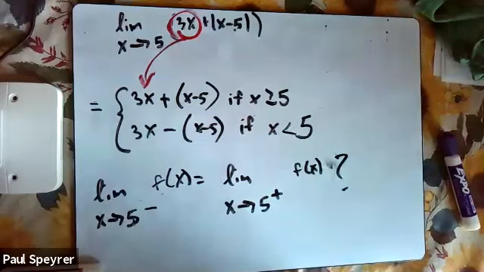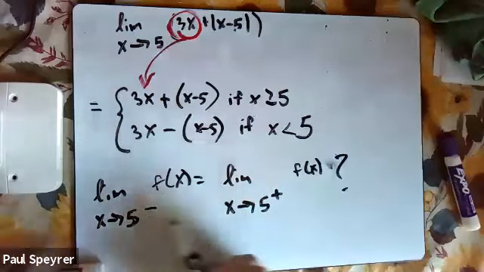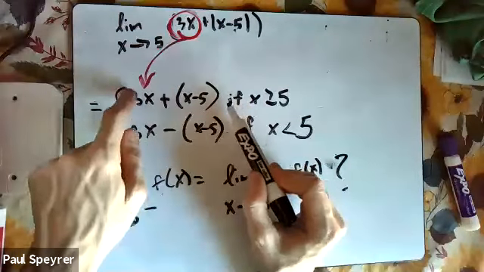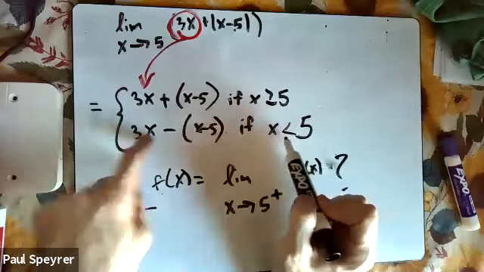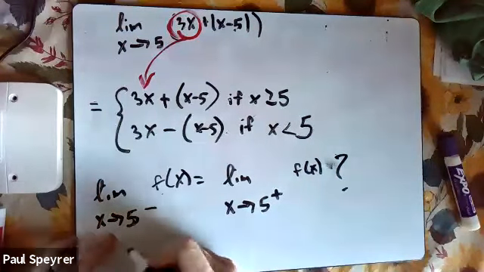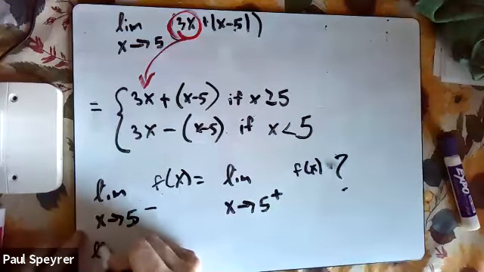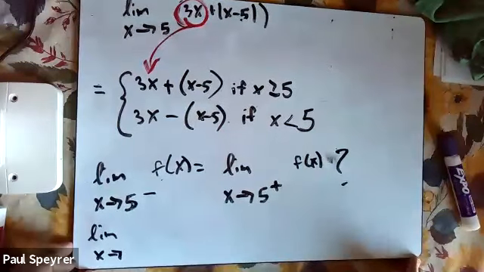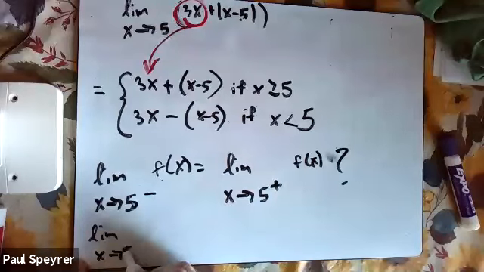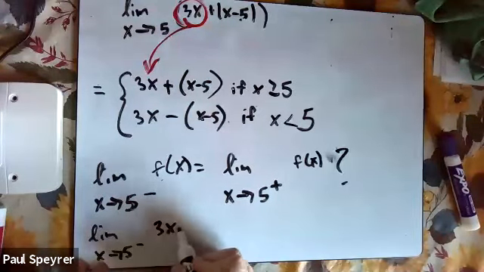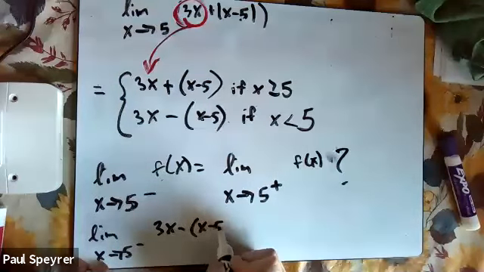So let's see what happens, right? If I'm approaching 5 from the left, which one of these do I need to use, the top one or the bottom one? I have to use the bottom one because that says x less than 5. So we're going to have the limit as x approaches 5 from the left of 3x minus (x minus 5).